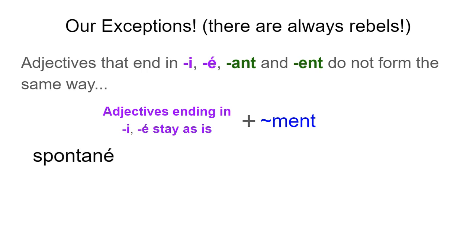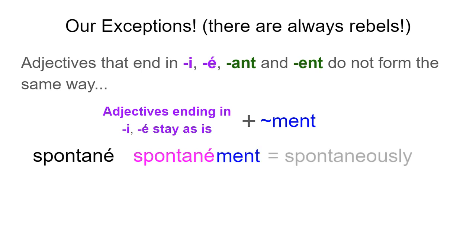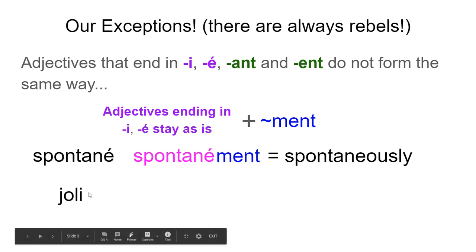All right, so a couple of examples for you. Spontané, which means spontaneous. Well, there would be no point in adding an extra E there. So we're going to leave it as is. We're going to add our MENT, spontanément, which is the equivalent to spontaneously. Yeah, say that 3 times. Another adjective that ends in an I this time, joli, pretty. There's no need to add a silent E to that, so we're not going to do that.